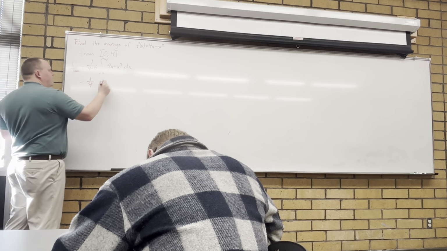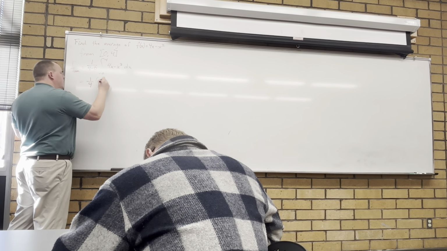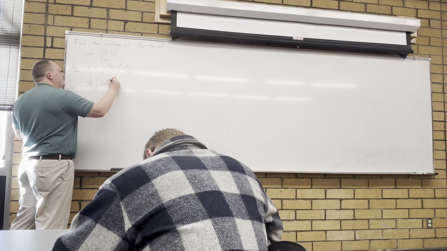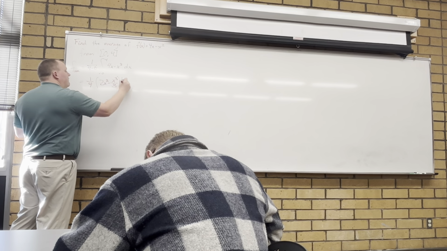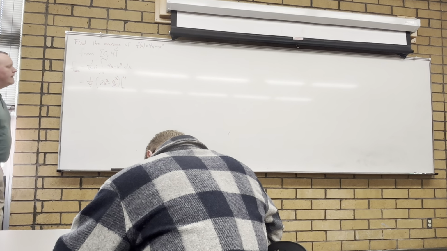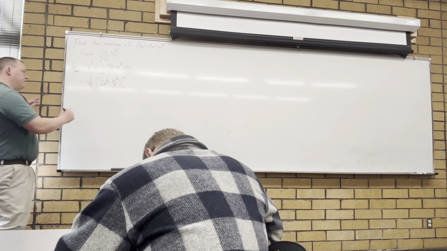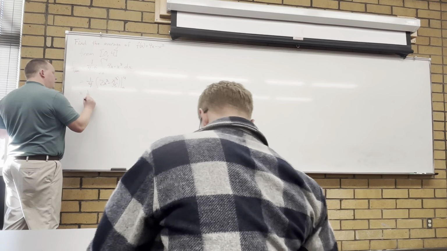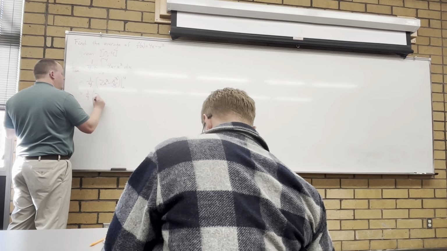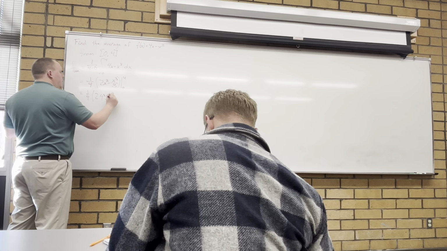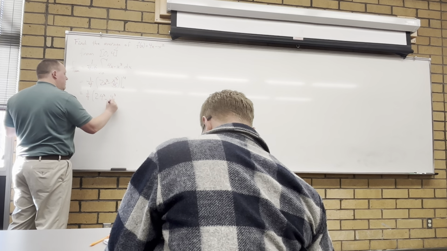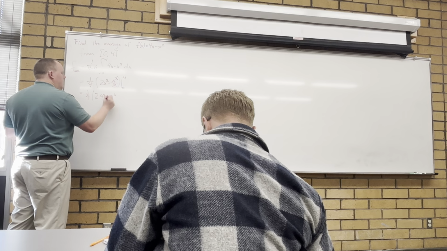We'll have 1/4 times, we'll go ahead and do our hard integral of 2x squared minus x to the third over 3, and we'll evaluate that from 0 to 4. 2 times 4 squared minus 4 to the third over 3. Oh, that's lovely.